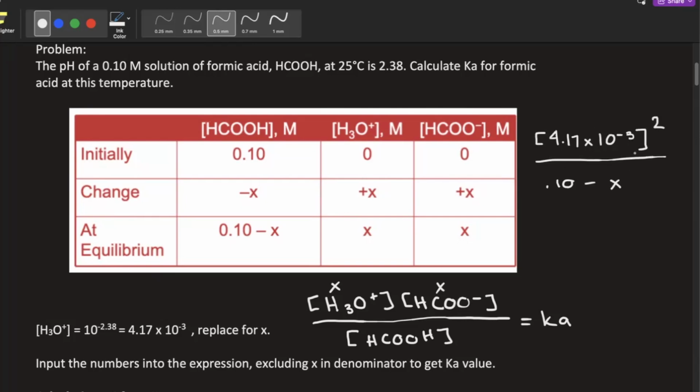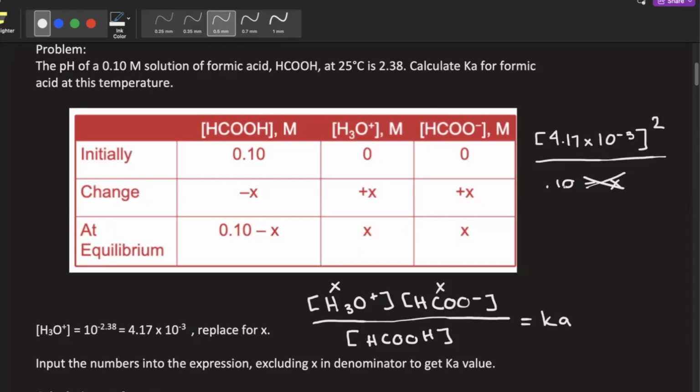We're going to try and avoid quadratic equations as much as possible. But we know that X is going to be a very small number. So in most of these equations, you can just exclude the X. So we take 4.17 times 10 to the negative 3 squared divided by 0.1.